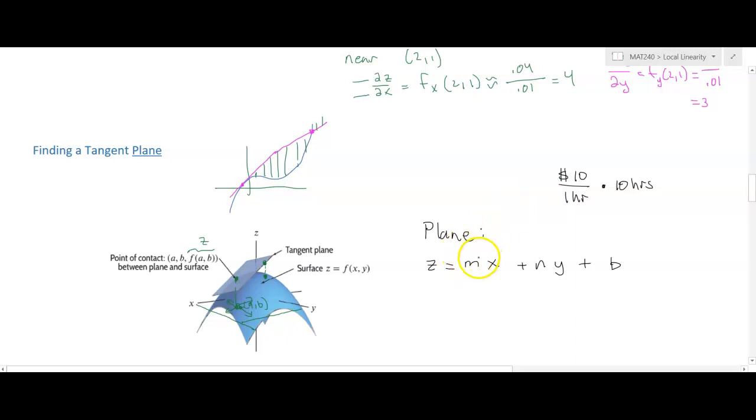This is like m, and this is, in this case, like our input, x. And so the units that we end up with, when we multiply these, is total dollars, which will be $100.